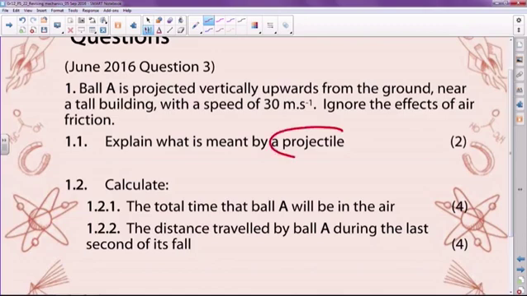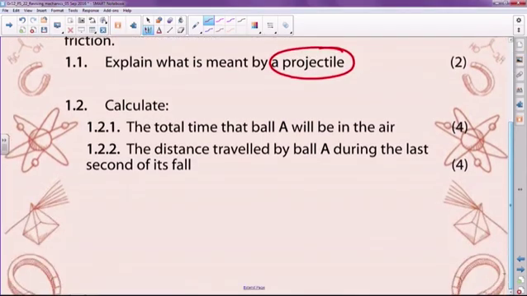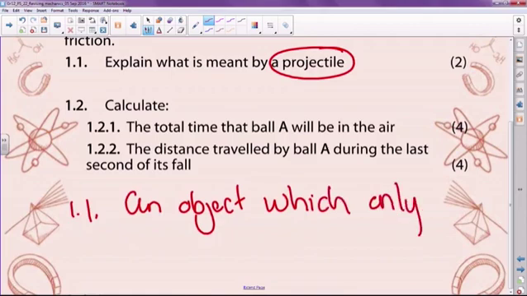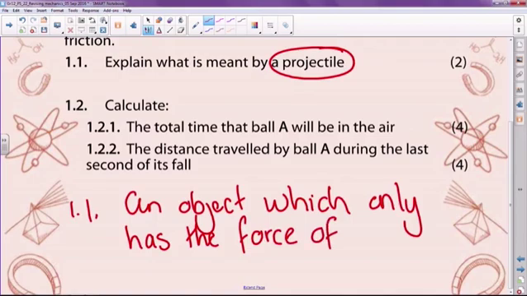This is quite important because a projectile and an object in free fall are actually very similar. Looking at question 1.1, a projectile is simply an object, and it can be anything, which only has the force of gravity acting on it.